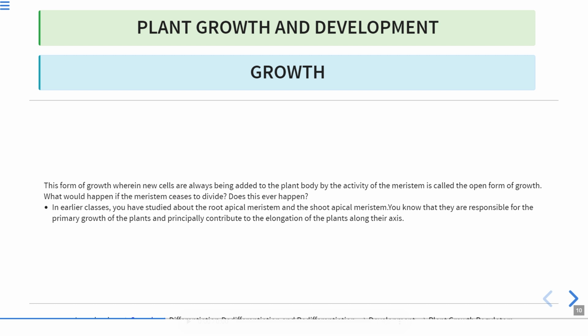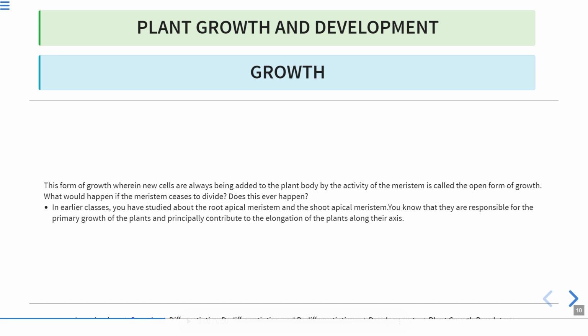So you know that they are responsible for the primary growth of the plant and principally contribute to the elongation of the plants along their axis. Right. So when you see the meristematic activity at both the shoot apex and the root apex, in the case of the root system, the root goes down and down because of its activity. It has the root cap that protects the apex of the root as it goes down and down.